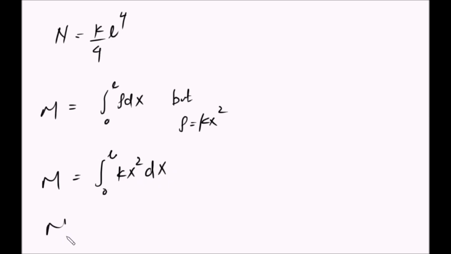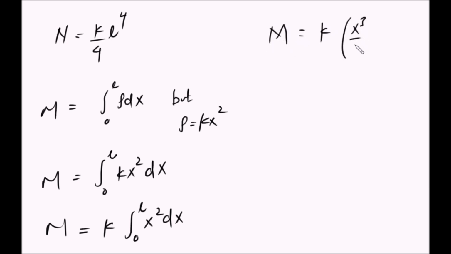So k is constant, naweza nikaitoa nje, it's going to be k, we integrate from 0 to L x squared dx. So ukiintegrate x squared dx, you get x cubed over 3. So don't forget the limits.